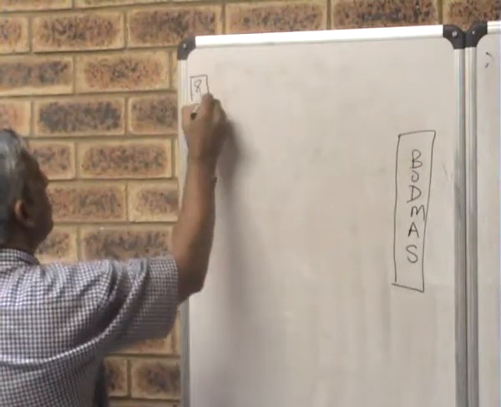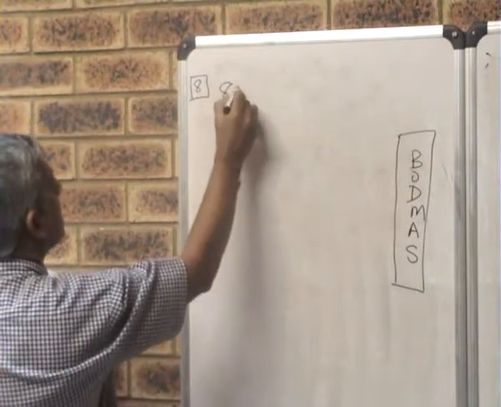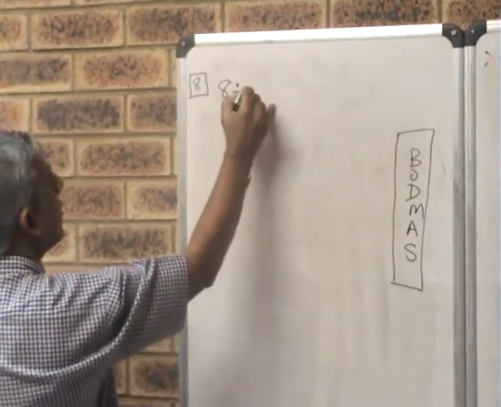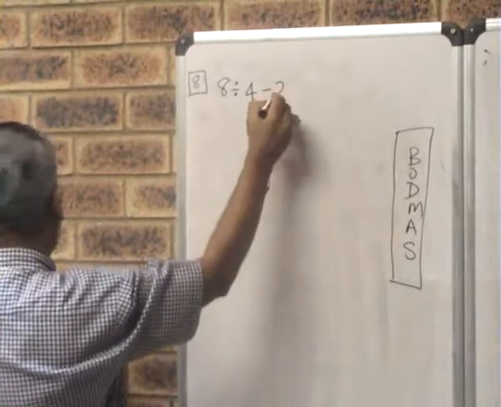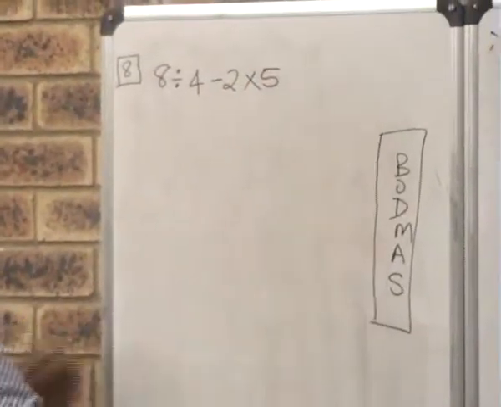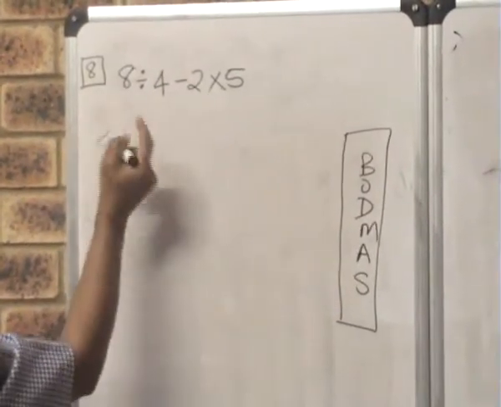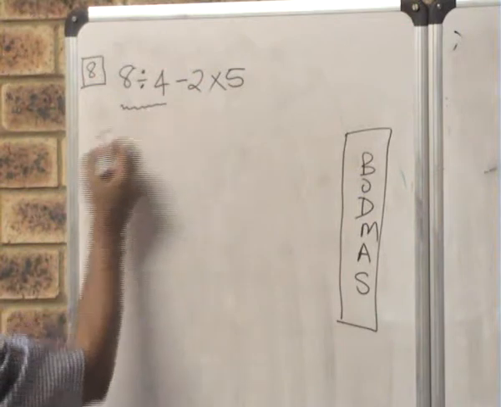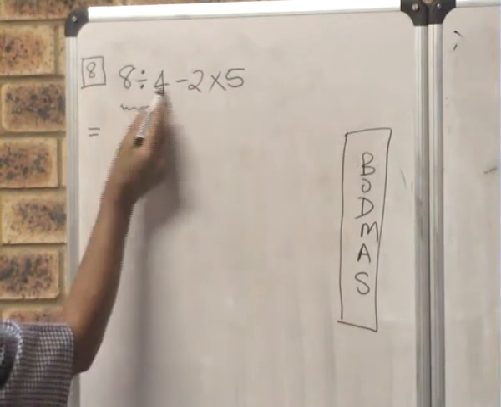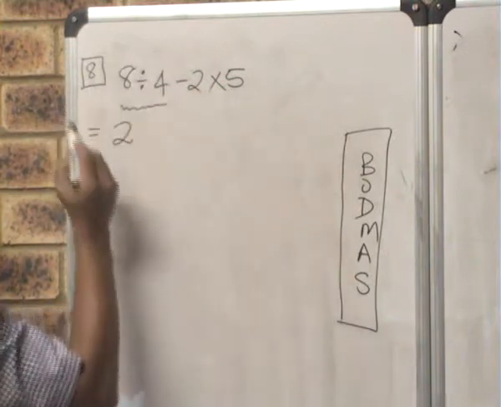Alright, let's move on with number 8. Number 8, 8 divided by 4 minus 2 times 5. So I apply the rule of BODMAS. No brackets, no of, but there is a division. So I'll do the division first. 8 divided by 4, 2. Then I apply the rule of BODMAS again.